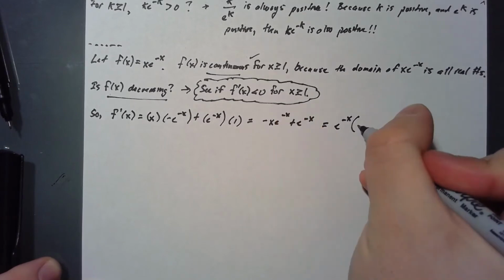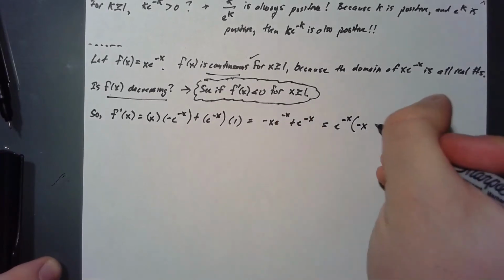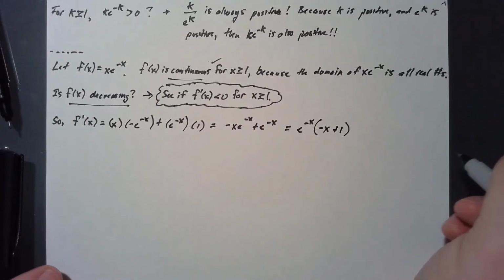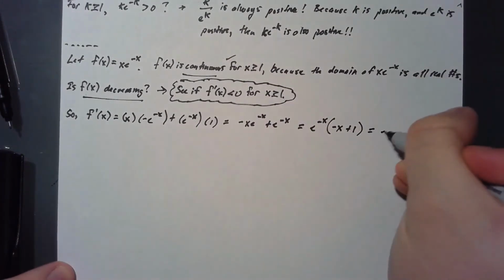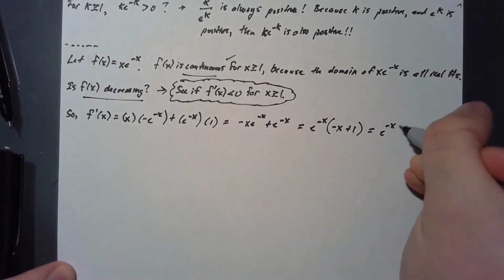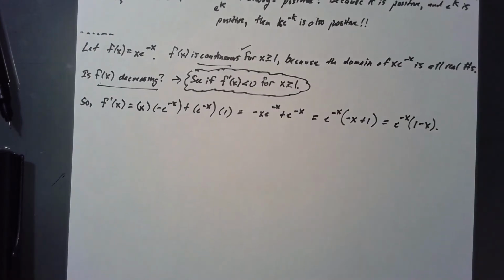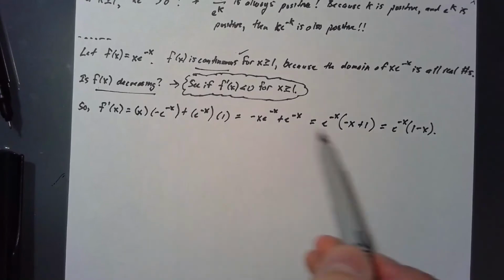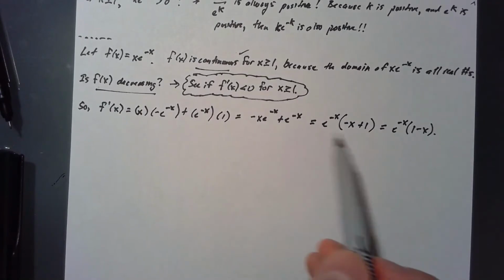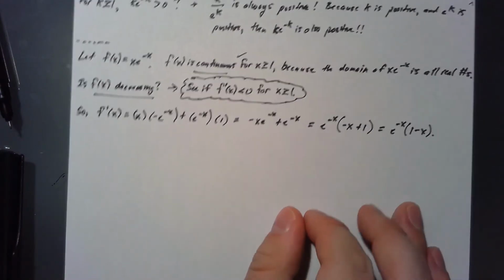I have minus x plus 1. In other words, I have e to the negative x times 1 minus x. So that's after I take the derivative and simplify it a little bit. Nothing tricky there. Just taking the derivative and simplifying it.